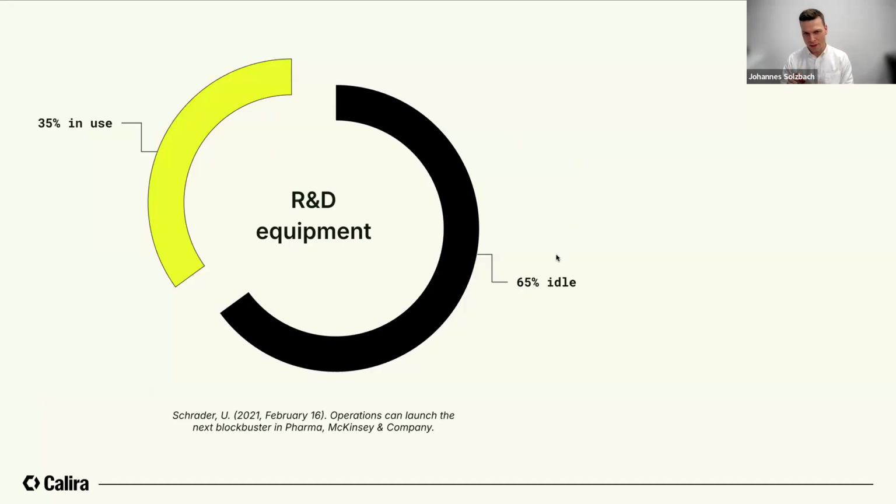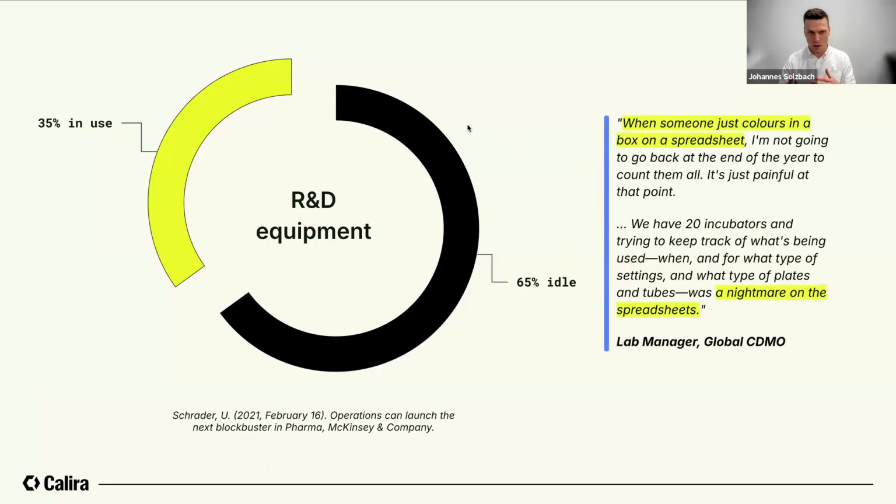The important thing is that issues around utilization are not only extremely common, but utilization itself is often invisible. And the quote here on this slide captures this well. In many labs, utilization is tracked in a shared spreadsheet or in a calendar, but no one is actually analyzing those bookings at the end of the year.